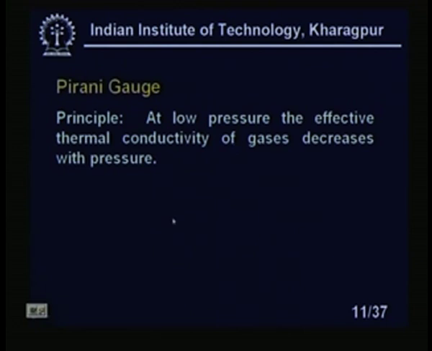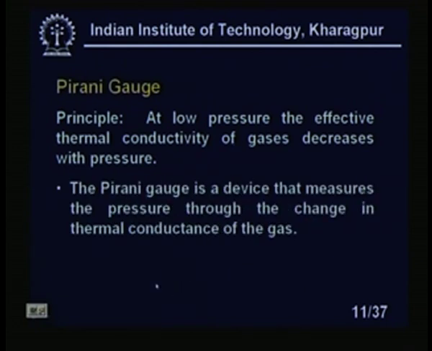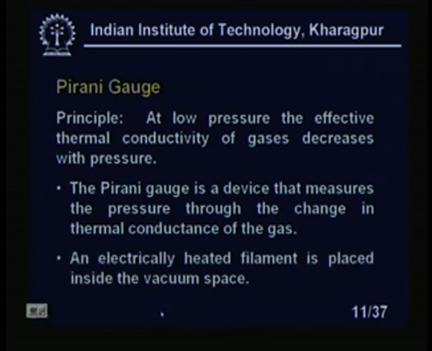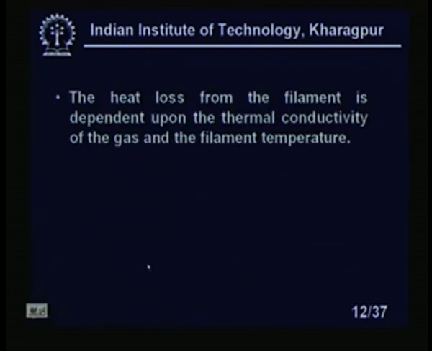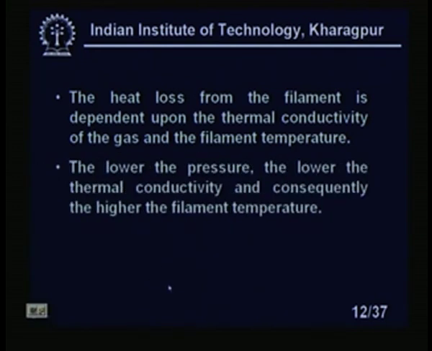At low pressure, the effective thermal conductivity of the gas decreases with pressure. The Pirani gauge is a device that measures the pressure through the change in thermal conductance of the gas. An electrically heated filament is placed inside the vacuum space. It will be clear here. Heat loss from the filament is dependent upon the thermal conductivity of the gas and the filament temperature.